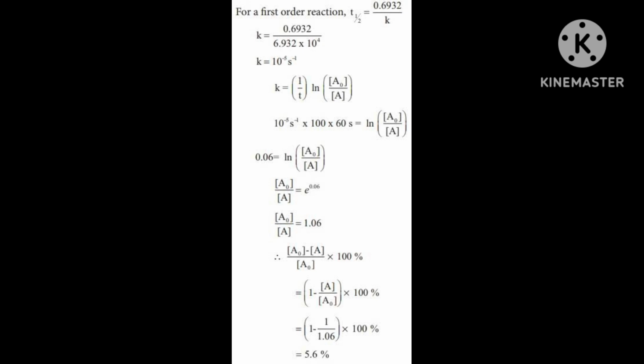Then easily you can get the final result, 2.303 divided by 100 into 0.0216. You will get the final result 4.98 into 10 to the power minus 4 per second. Okay, this you will get as the result. The k value now you got. Understood? You have solved this and got the value of k.